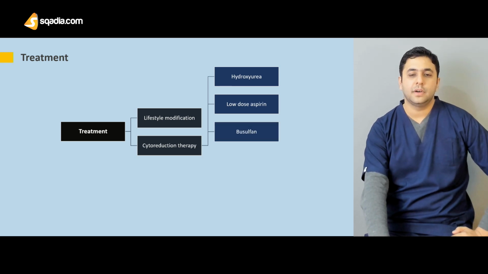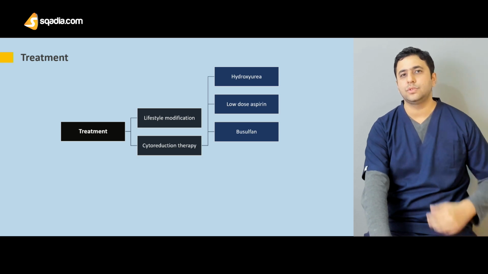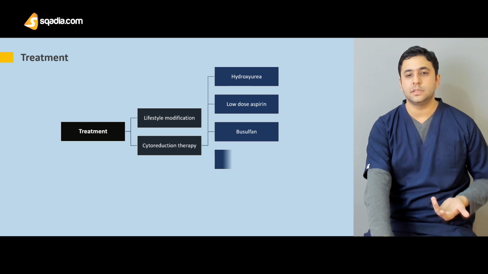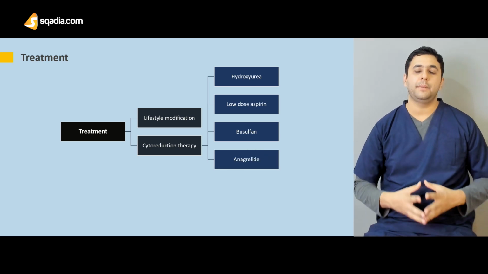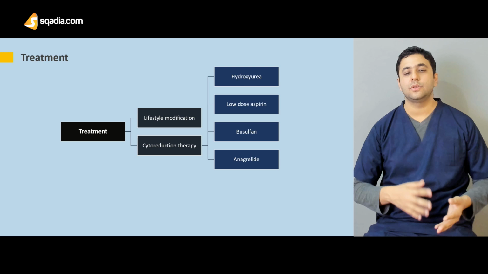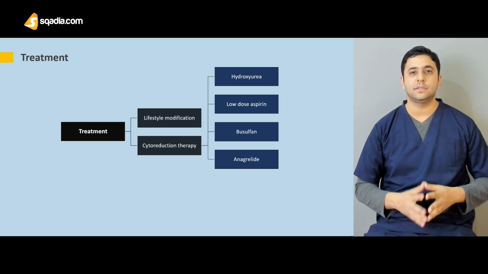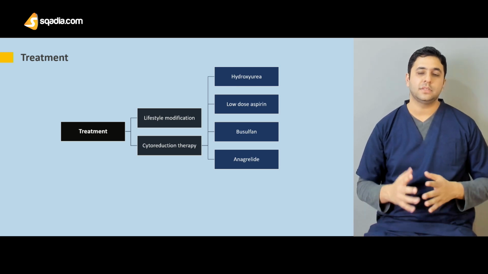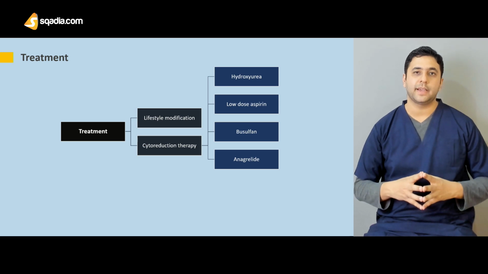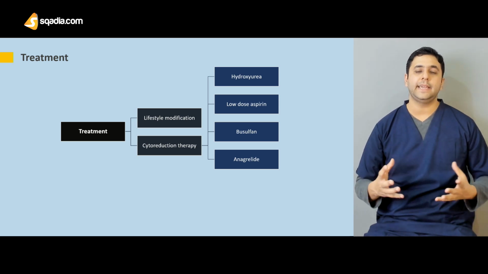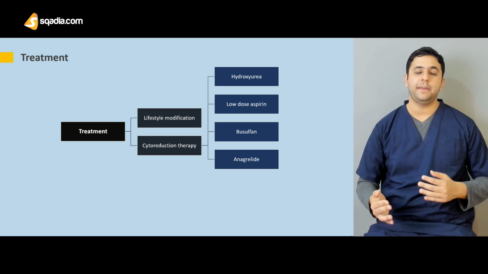Other immunomodulators or cytotoxic drugs like busulfan have been used with mixed clinical results. Anagrelide, which is basically a megakaryocyte inhibitor, has also been tried and tested in a lot of patients, and it helped many because it prevents the proliferation of megakaryocytes. So if we have a very high platelet count, anagrelide can be used either in combination with aspirin or on its own.